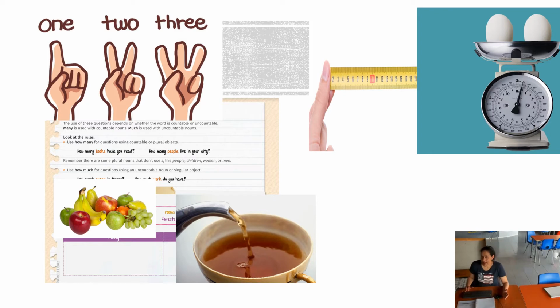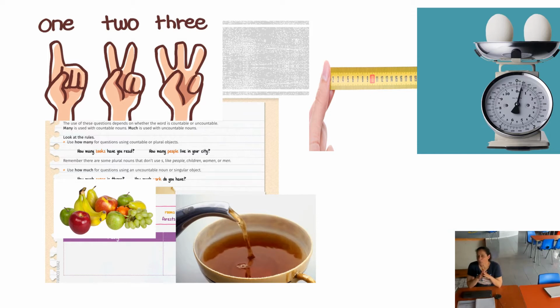In this case, I'm going to measure the liquid, because I cannot tell you that I want 366 drops. No. I have to measure them by a cup, a glass, a liter. Different measurements for liquids. A gallon. So that's how I measure liquids.